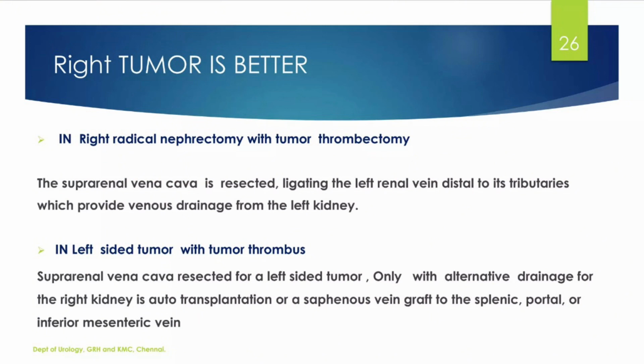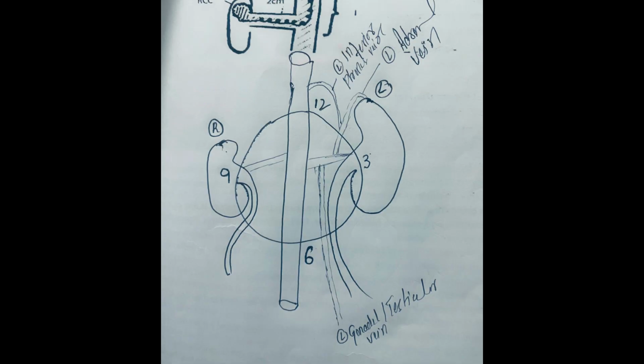That's why on a left sided tumor, we ligate the contralateral renal vein plus artery, and we will perform our thrombectomy in this warm ischemia time. So it is important for warm ischemia time, that is the suprarenal vena cava ligation, and the contralateral side renal vein and artery ligation in case the tumor is on the left side.